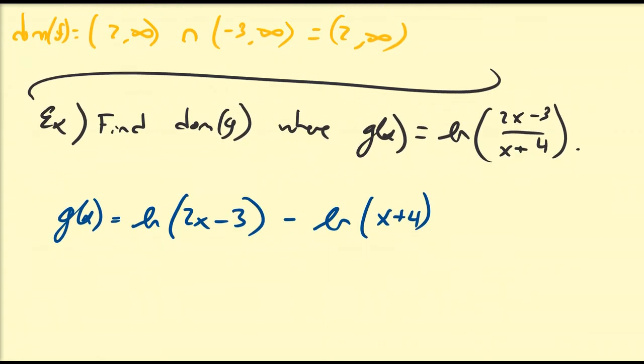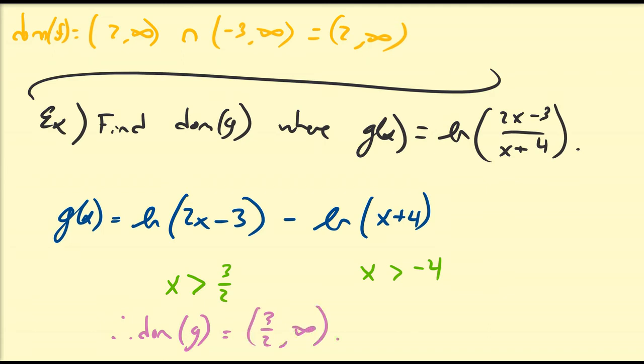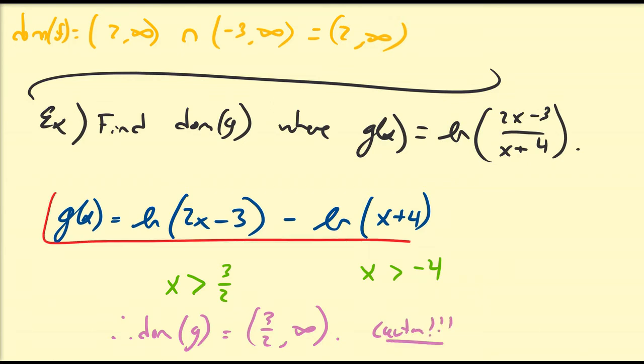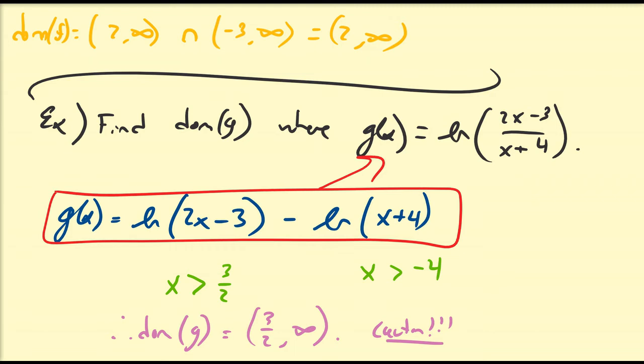So for the first piece, x must be greater than 3 halves, and for the second piece, x must be greater than -4, right? So the intersection of these two, so the domain of g, is going to be equal to 3 halves to infinity. Now you have to keep in mind, so caution, that this expression here is not actually the original expression.